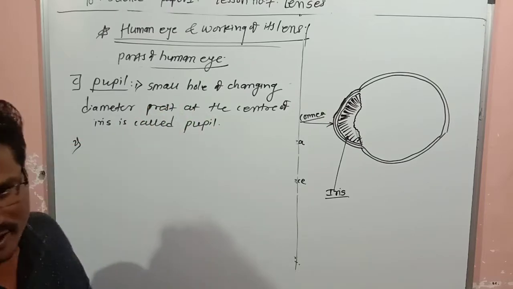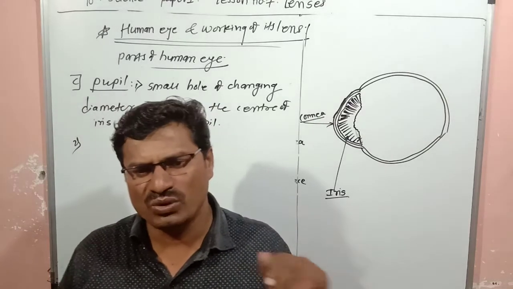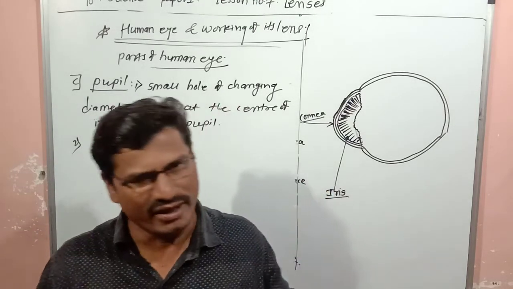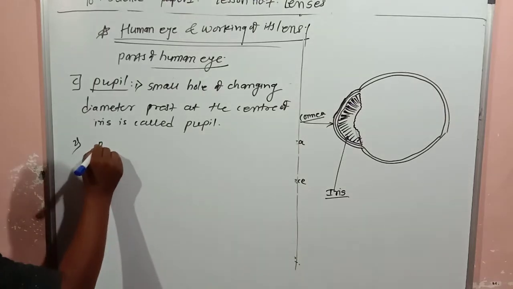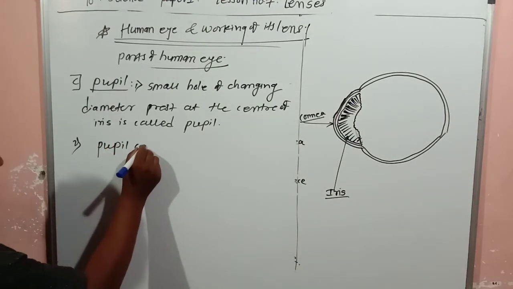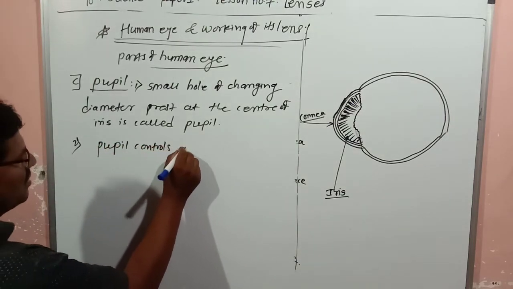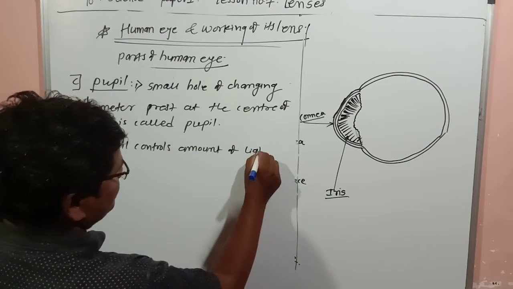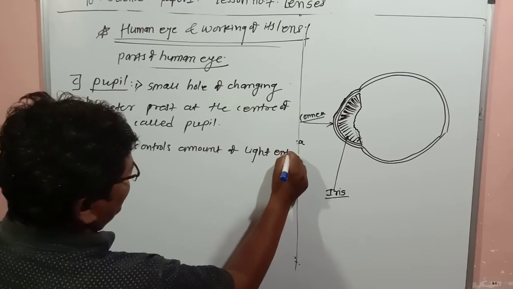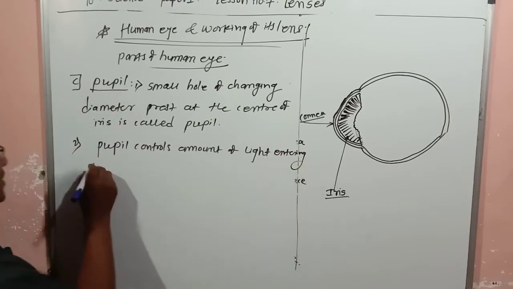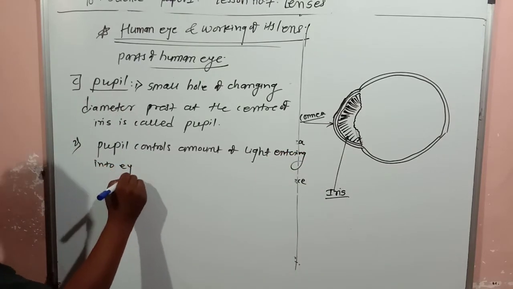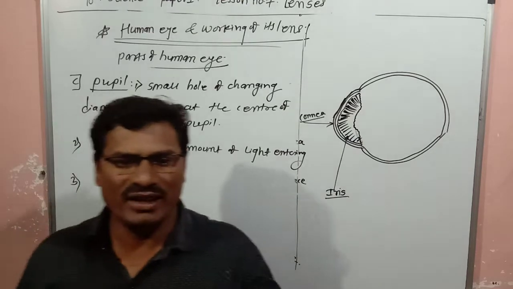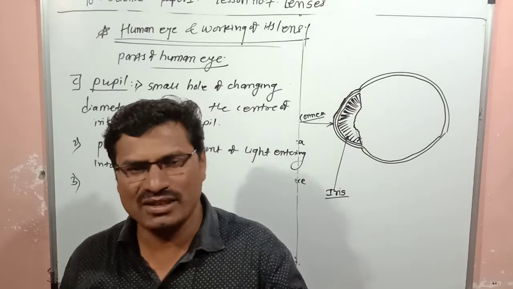Second point: pupil controls amount of light entering into the eyes. Third point: if bright light comes and if dim light comes, then what happens?